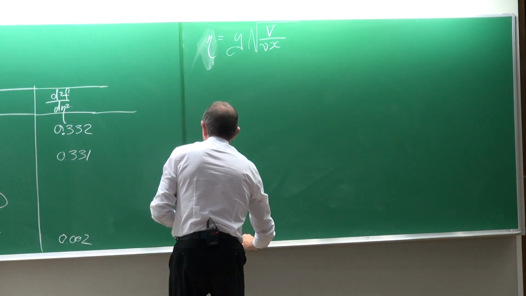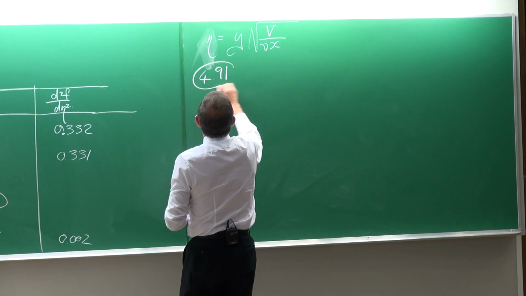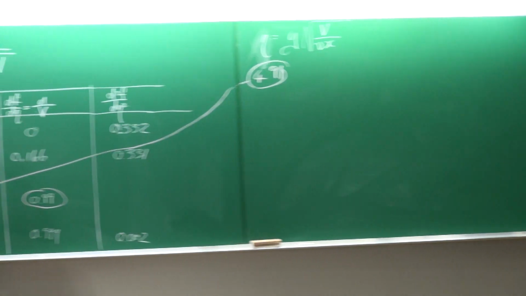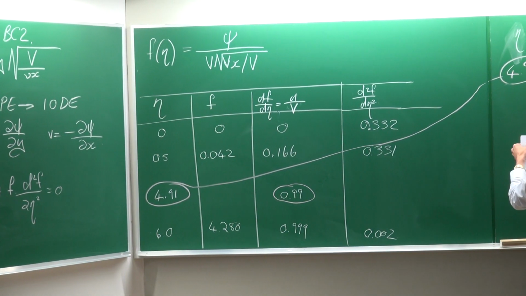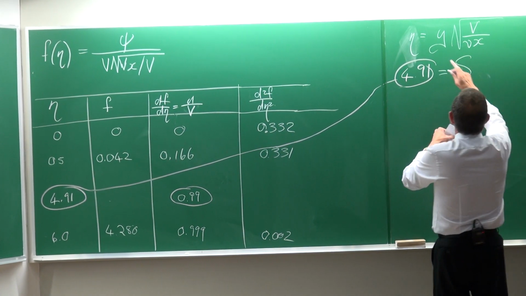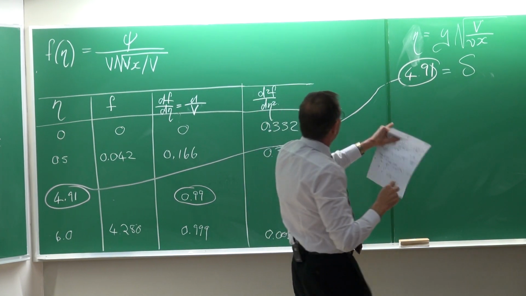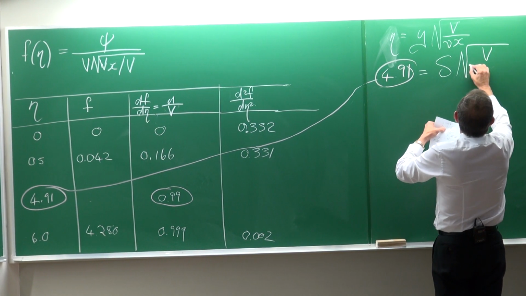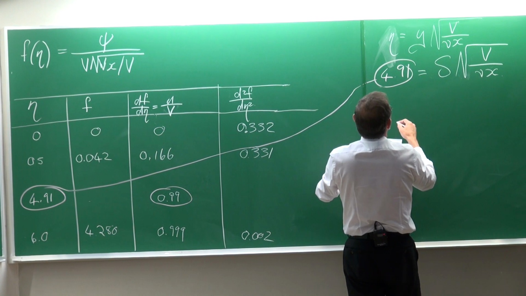And then he realized that this value of 4.91 is this value here, is equal to the boundary layer thickness, y is in the y direction, so that is the boundary layer thickness, multiplied by the velocity, kinematic viscosity divided by x.